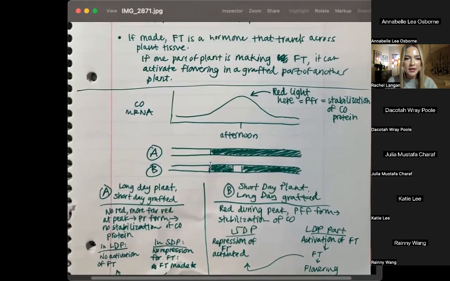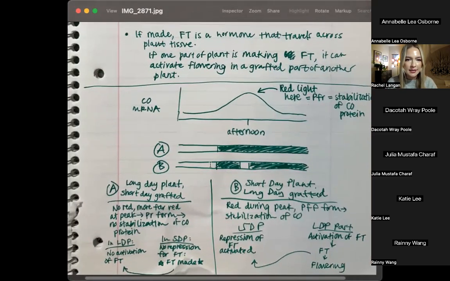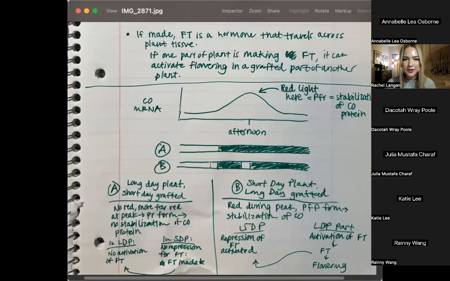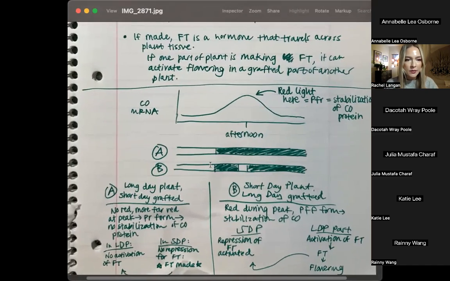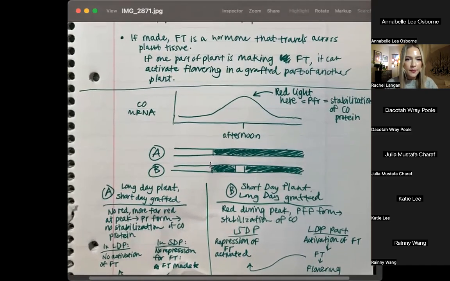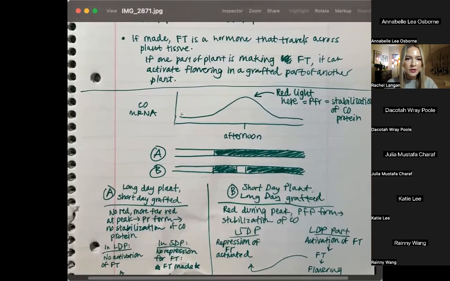You're going to get some kind of experiment on flowering that looks like this. So I made two examples for you that are similar to what you'll have to do. You'll be given some information about when the CO mRNA peaks. Let's just say it says in the afternoon at this time. That's when the CO mRNA peaks.